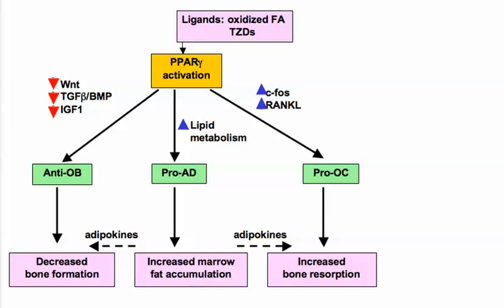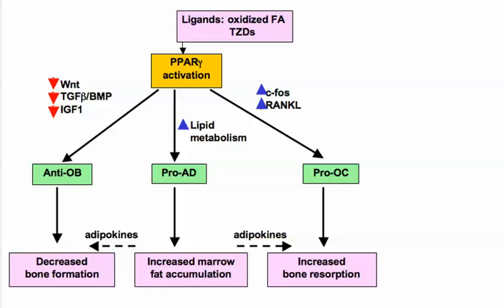The action of PPAR gamma to suppress osteoblast differentiation from mesenchymal stem cells is exerted by directing the cells to form adipocytes instead. Of note, suppression of PPAR gamma by WNT signaling enhances osteoblast differentiation by reducing adipocyte formation.